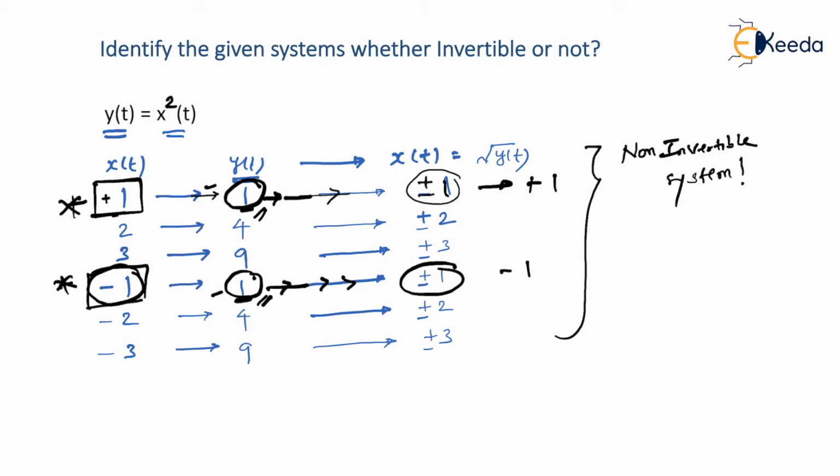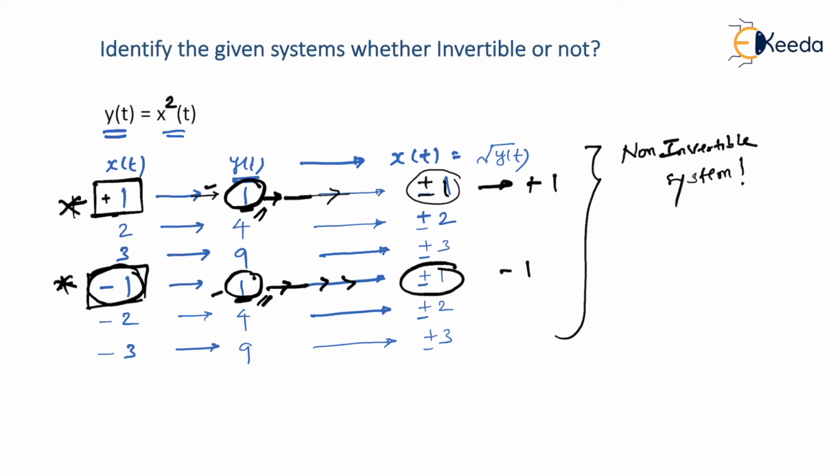But for a particular positive result, whenever you take a root, you get both answers at a time. So originally you will never know that the result, which was squared one, was originated from positive value square or negative value square. And therefore, such system is called a non-invertible system.